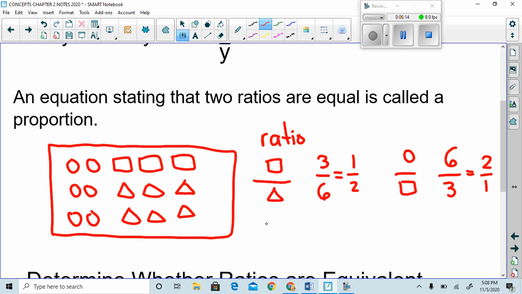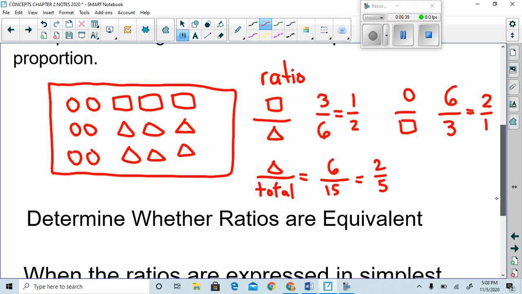Let's do triangles to the total number of shapes. The triangles is 6, and then I've got 2, 4, 6, 8, 10, 12, 13, 14, 15. All right, so that is 15, and then I simplify that by dividing by 3. And there you have your ratios in lowest terms.